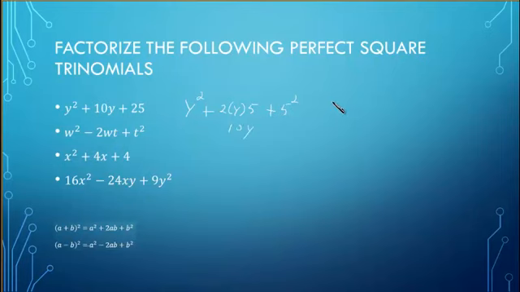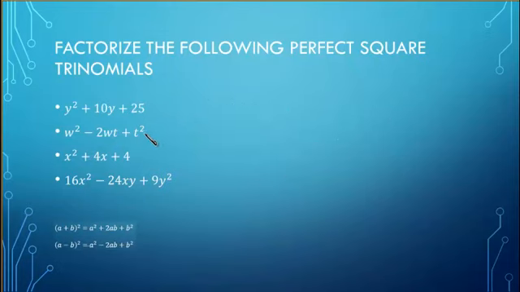Another way to look at this is to say it's like the a is y, the b is 5, and 2ab then is 10y. So this is a perfect square, and it factorizes as a plus b quantity squared. So that's y plus 5 quantity squared. So we have factorized this one.